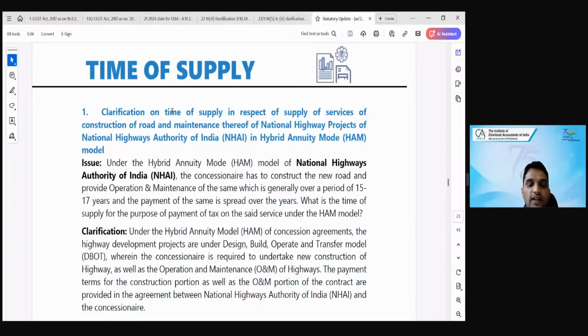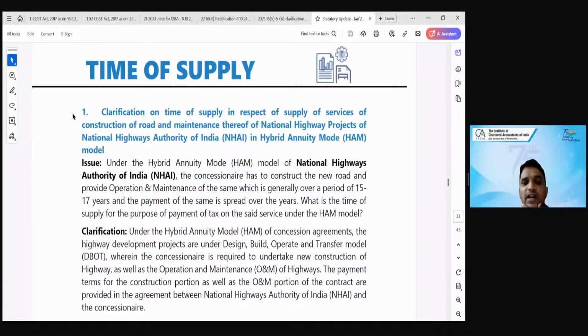It says clarification on time of supply in respect of supply of services of construction of road and maintenance thereof of national highway projects of the National Highway Authority of India in hybrid annuity mode model. There are various models where the National Highway Authority of India gives contracts to the contractors. One of the models is the hybrid annuity mode model. So what happens in this model? They have first tried to explain it.